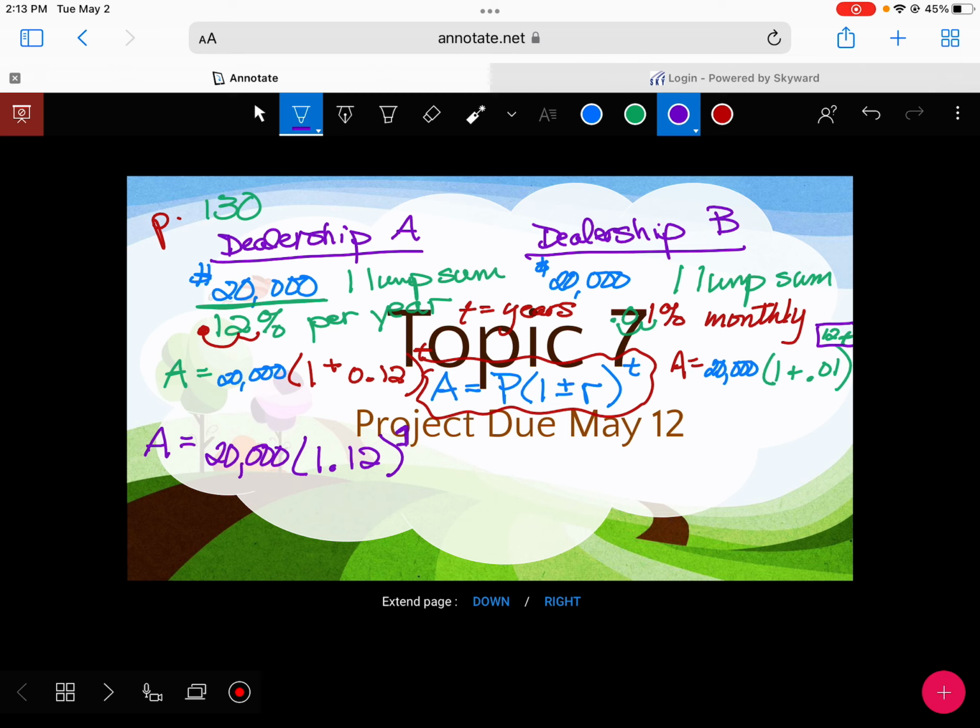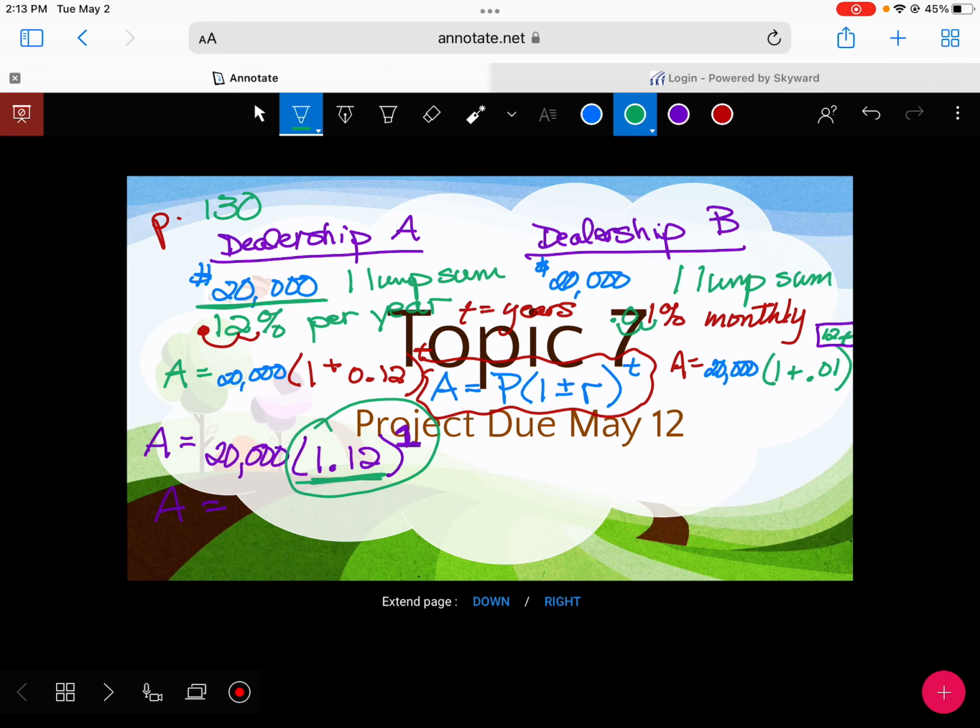So I'm calling this T 1 year. So how much is it going to cost me at dealership A? Don't forget, you need to do your exponent first. And what is anything to the first power? It's just that same number, right? So just multiply those numbers together. Tell me what you get.